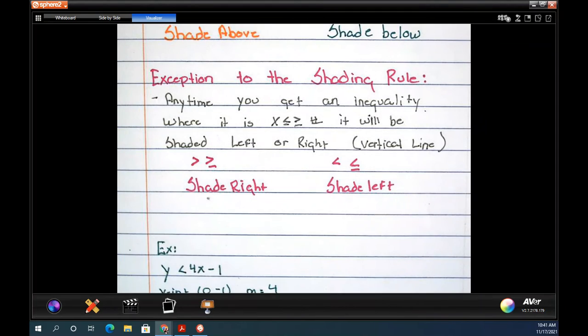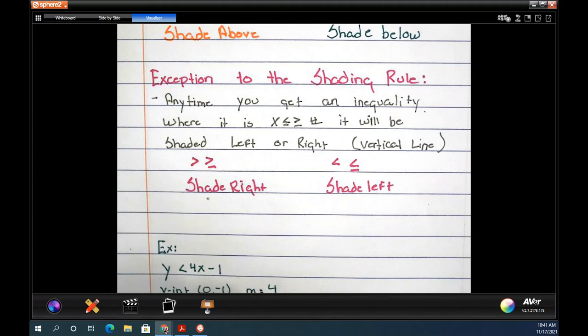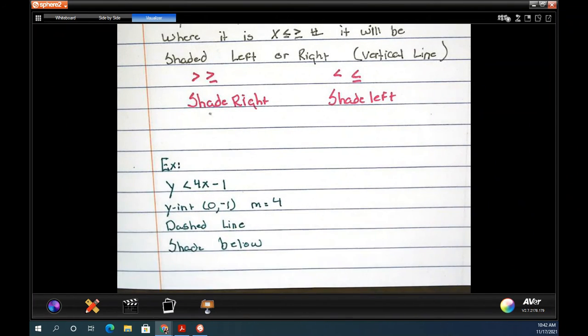So it goes up 4, right 1. That doesn't change, like I said. But here's the deal. It's less than, so it would be a dashed line, because it's not equal to. That's why it's dashed. Now, you would shade below.